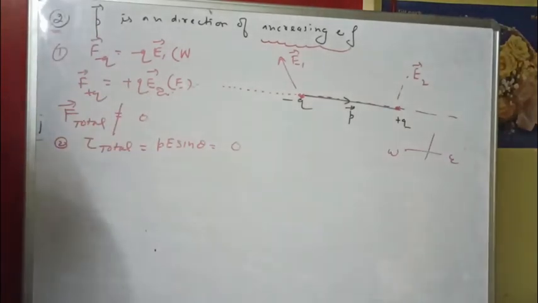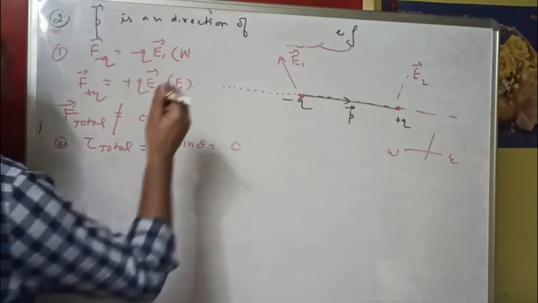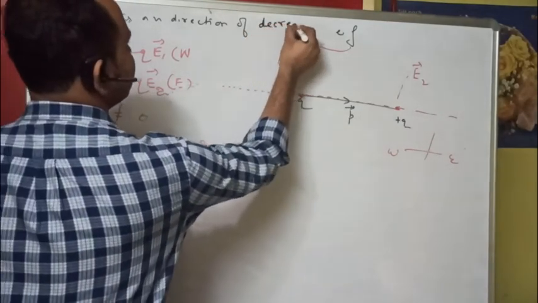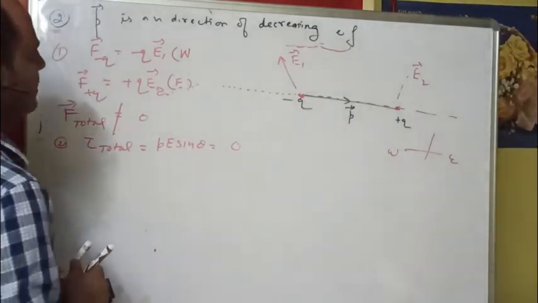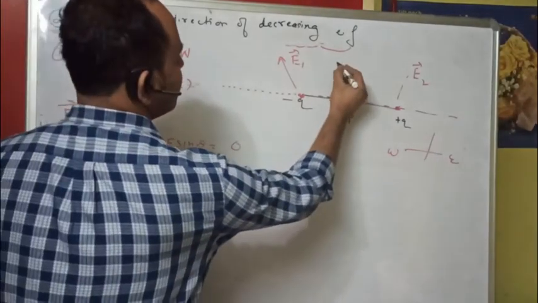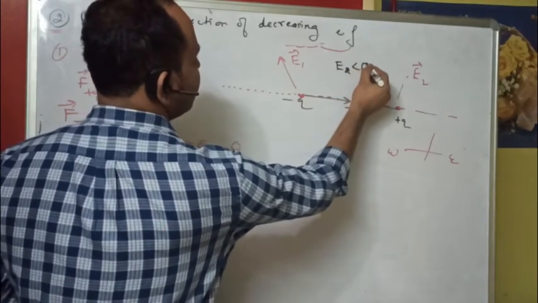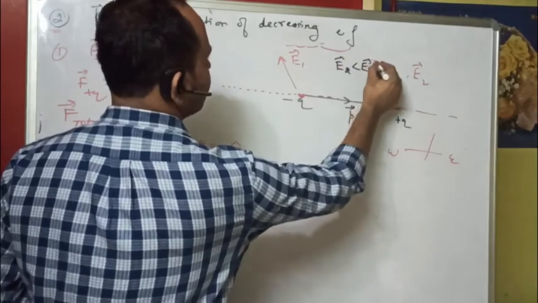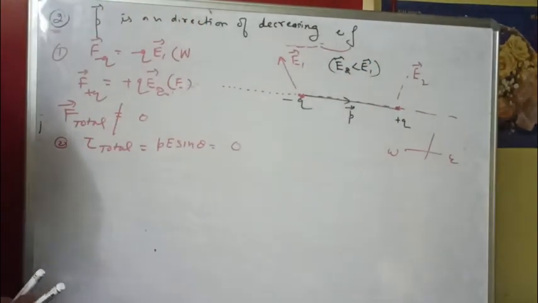Now I am changing the situation, and in this situation the dipole moment is in the direction of decreasing electric field. So what will happen? If I am taking decreasing electric field, then in that case E2 will be less than E1. E2 vector is less than E1 vector. Okay.